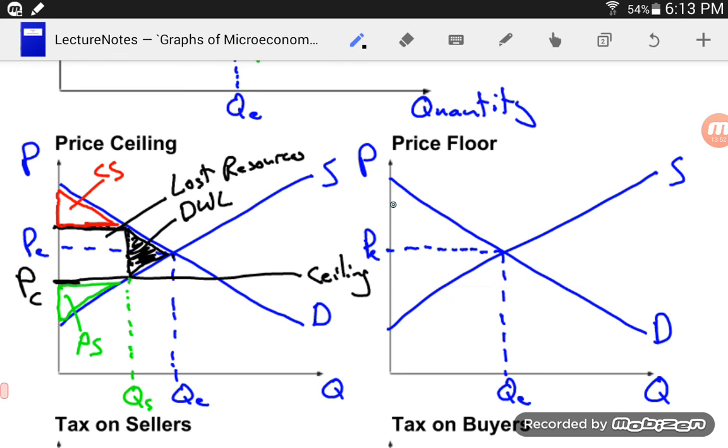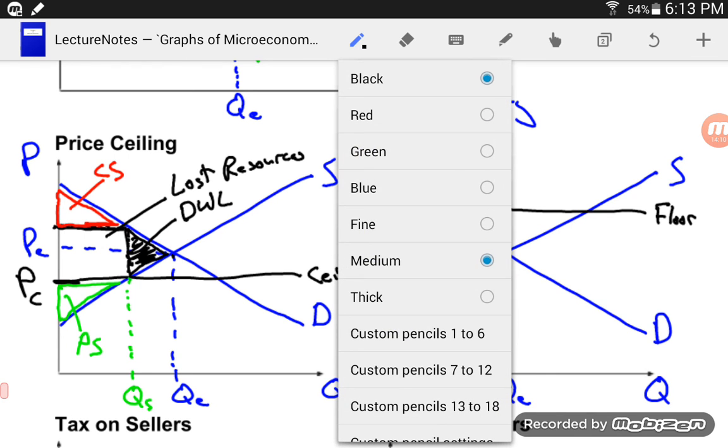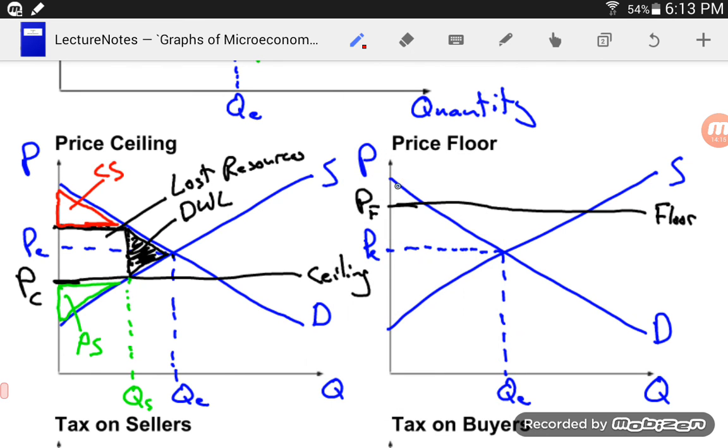But if I put an effective price floor up here, I'll label that P sub F, that's our floor, and we say we are not going to let the price drop any further than that. Well, with that high price, we're getting a lot of the same sort of effect. That high price is going to decrease the surplus, so the consumer surplus is going to shrink a lot.